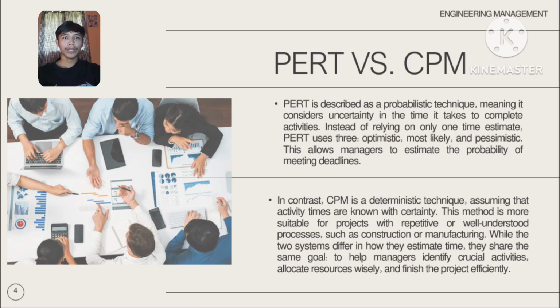In contrast, PERT, or program evaluation and review technique, is a probabilistic technique used for novel or high risk projects because it accounts for uncertainty by requiring three time estimates: optimistic, most likely, and pessimistic, to calculate the expected time and the risk of delay.